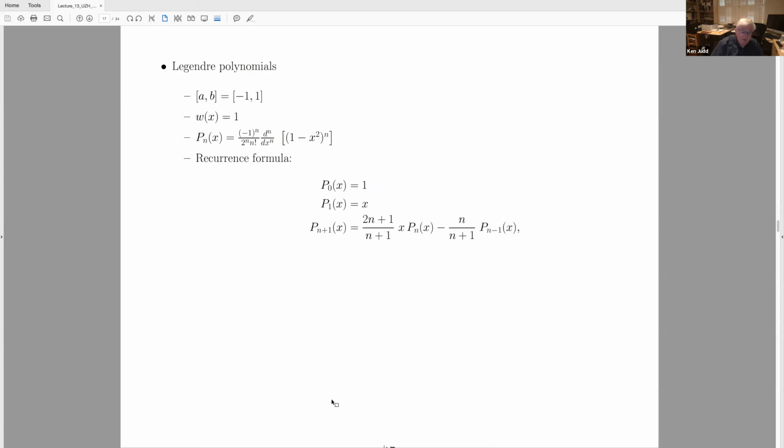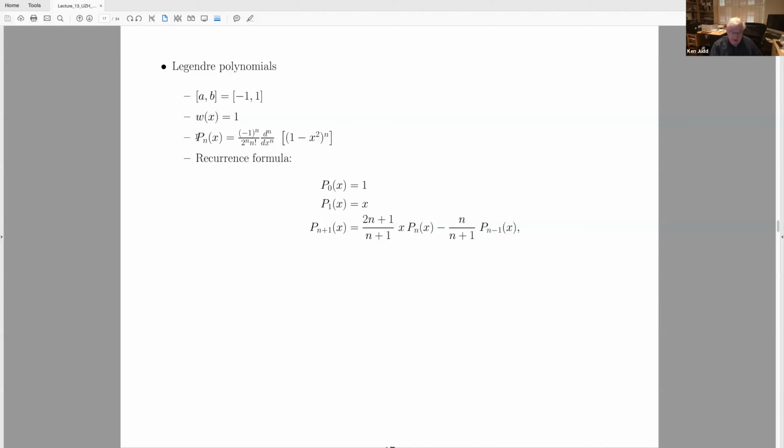Now, what are some orthogonal polynomials that we use? Well, you might think that one natural thing to begin with is, suppose that we have an interval -1 to 1. And we put the uniform weight function on there. I mean, what could be simpler or more natural?